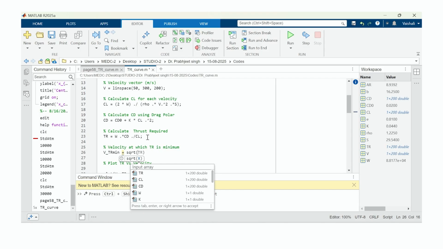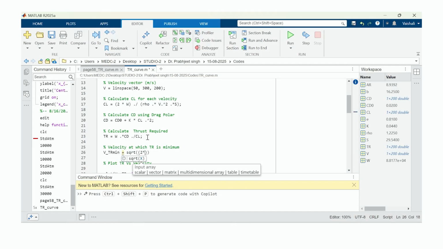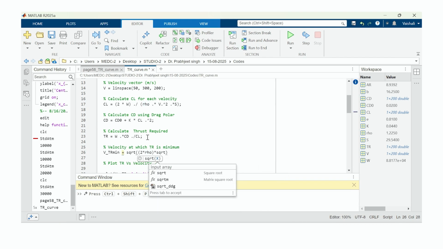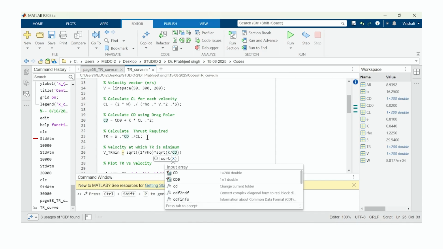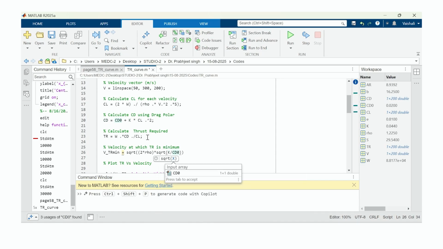Then again in the numerator we have 2 into rho into square root, sqrt, K upon CD naught, into W by S, again in the bracket.